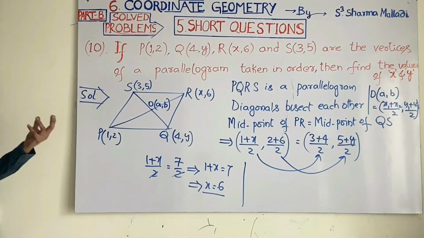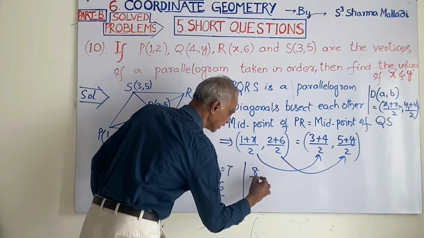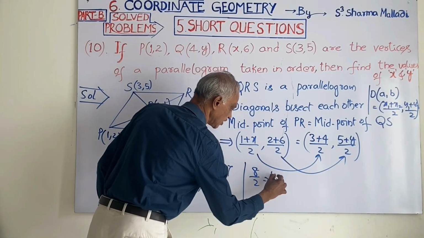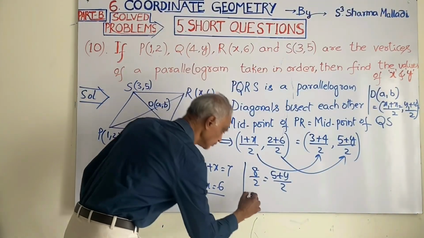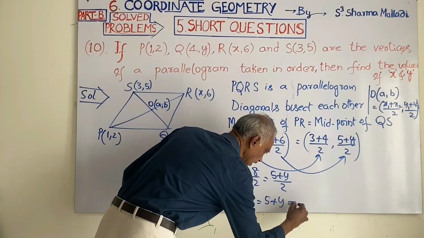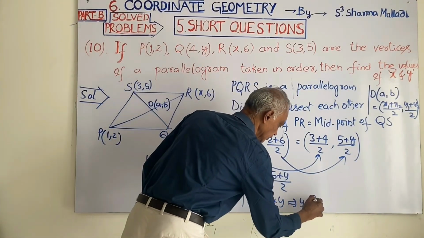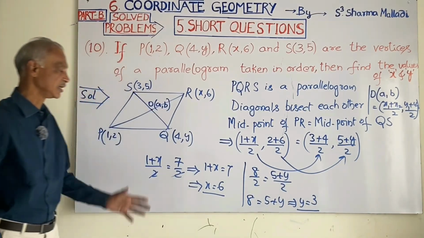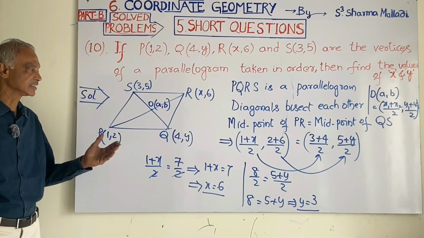Next, the y coordinate: (2 plus 6) by 2, which is 8 by 2, is equal to (5 plus y) by 2. The 2 cancels. 8 is equal to 5 plus y, so y is 8 minus 5, that is 3. Now the value of x is 6 and the value of y is 3.